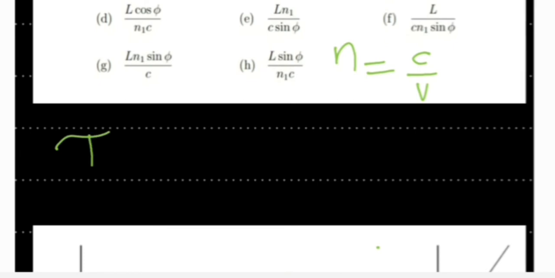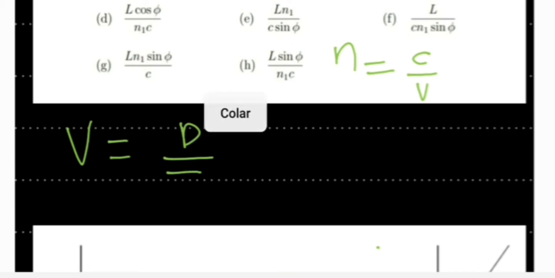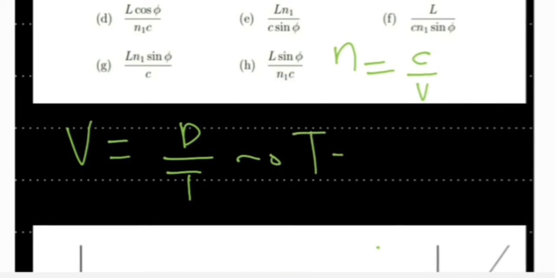Well, the time. Now, if you remember, v is equal to distance divided by time, so time is equal to distance divided by v, right?